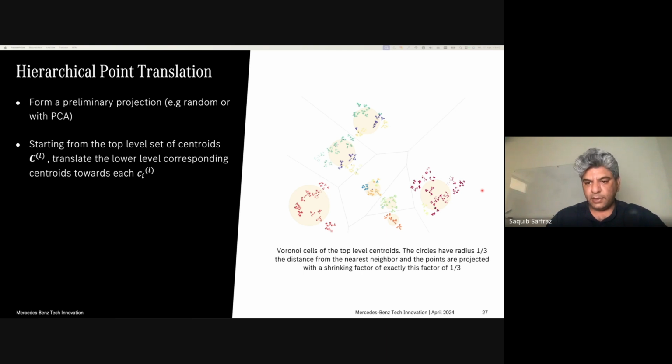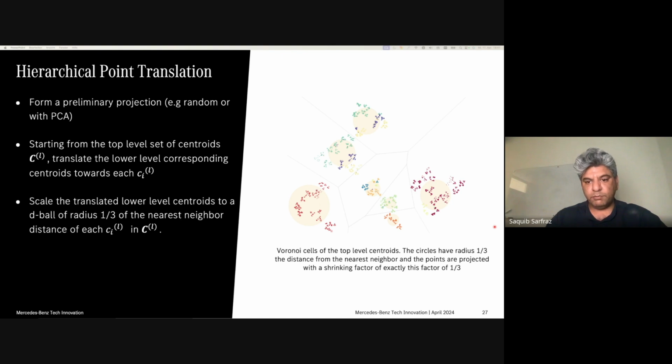Then we finally spread them to occupy the corresponding Voronoi cell that's depicted here in this figure. In this case, the data at the top level has seven clusters, so 7 centroids, and you can see the Voronoi cells of those. We start there, and then we just project the level below points around this centroid and translate them directly there.